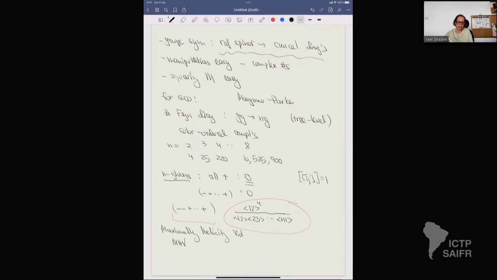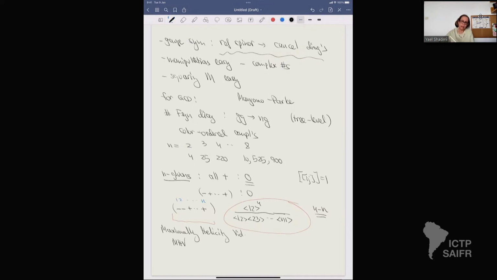So the dimension of this expression that we got here is 4 minus n. And 4 minus n is exactly the dimension of the n-point amplitude. So maybe I didn't say this clearly enough. This is 1 up to n. This is n external gluons.